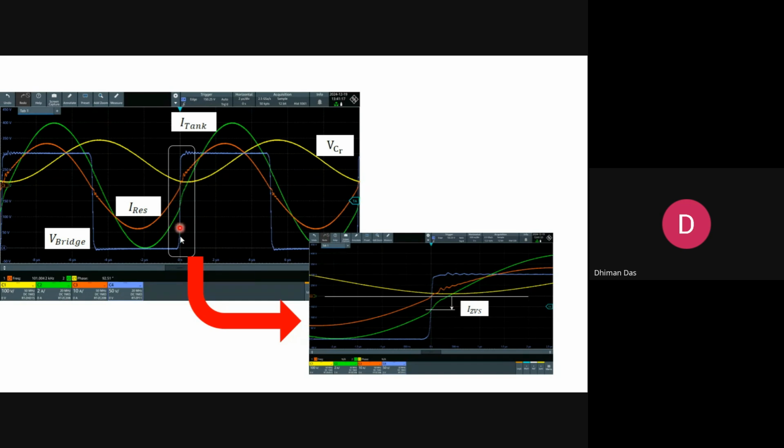So why is it so? If you zoom into this section, you can see when the voltage is rising from 0 to V bus, there is still some negative current flowing to the tank, and this negative current is transferred to the switch.